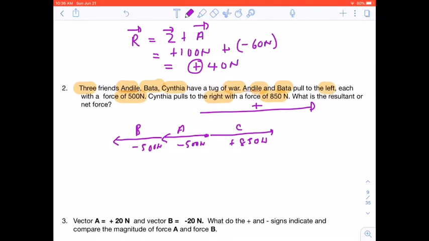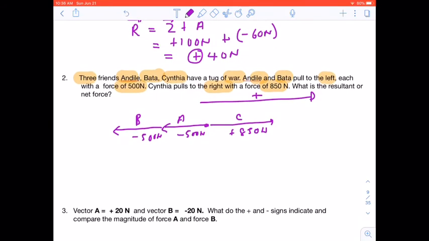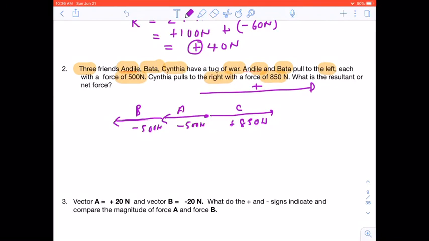Right. If we look at this and we now do this algebraically, we have resultant R is equal to Cynthia's plus Andile's plus Bata's.